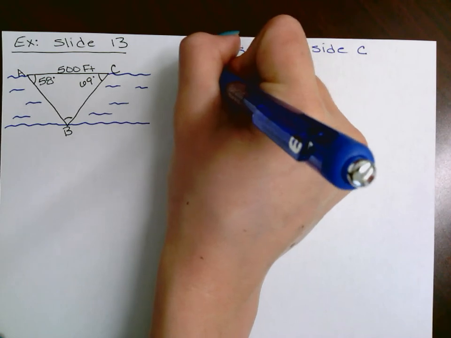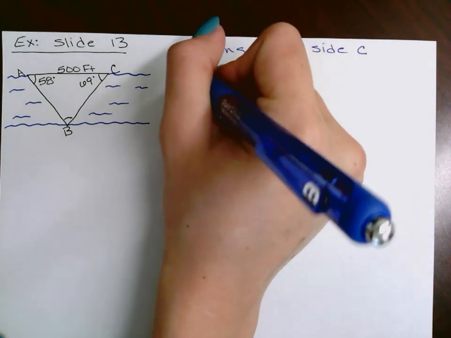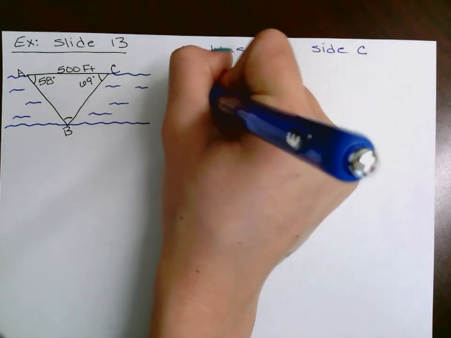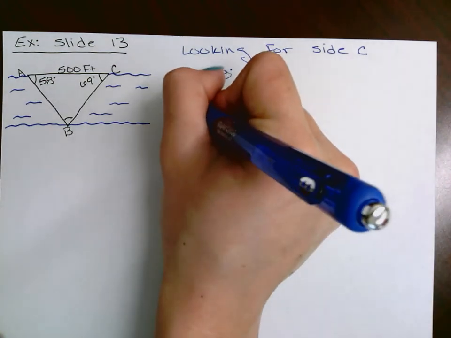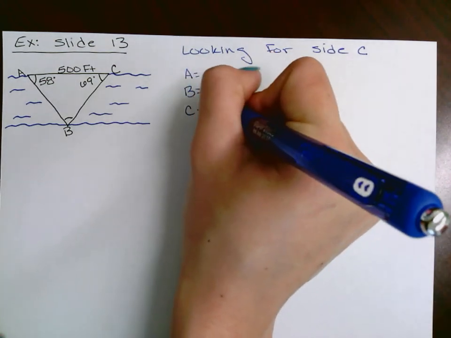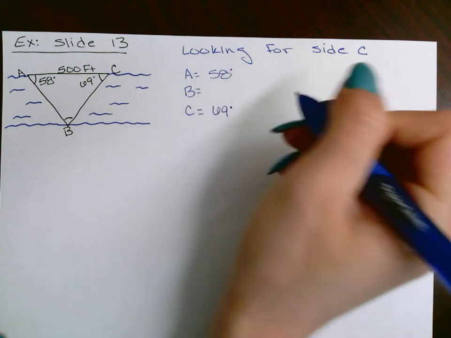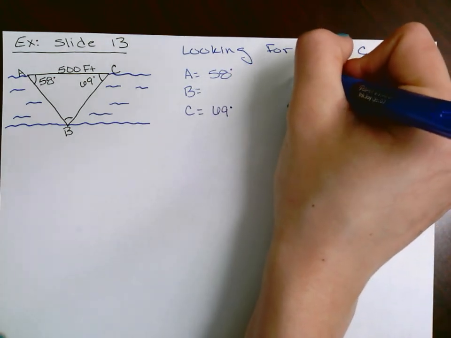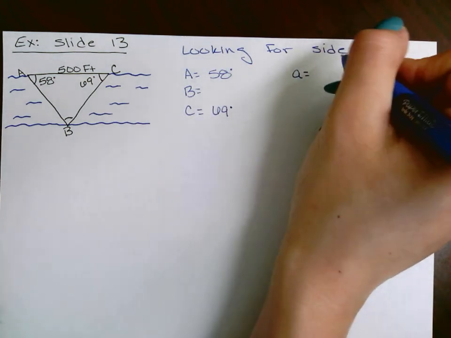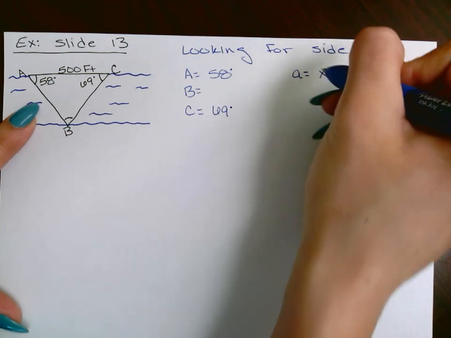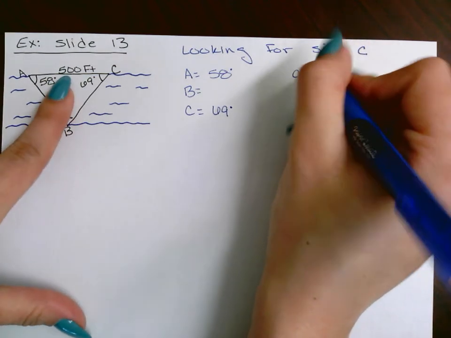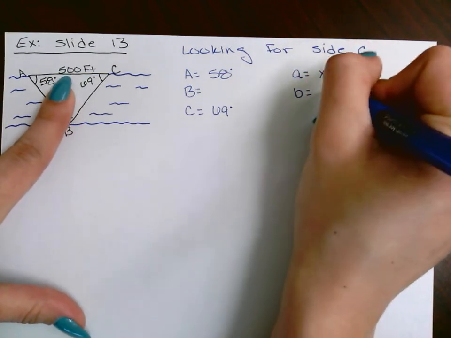Okay, so I'm going to set up my chart. A is 58 degrees. B at the moment is unknown. C is 69 degrees. Little a is unknown. And little a we are not worrying about. Little b is across from angle B. So little b is this 500.